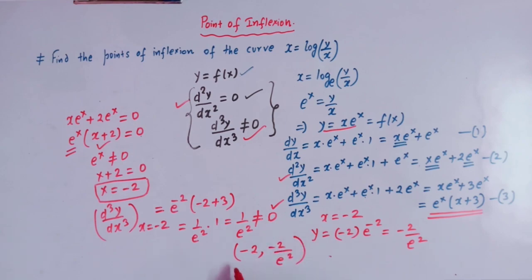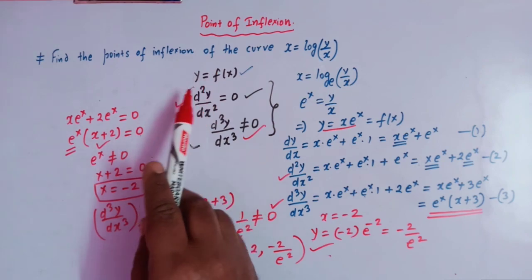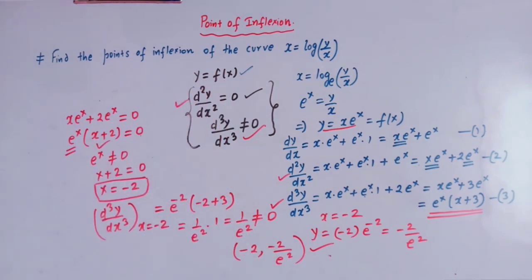So the coordinates of the point of inflection are given by minus 2 comma minus 2 over e square, where e is the exponential number. So viewers, this is how we can find out the point of inflection of a curve when the equation of the curve is given in the Cartesian form, that is y is equal to f of x.